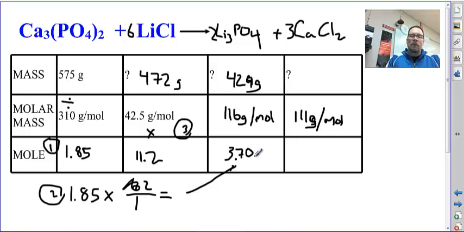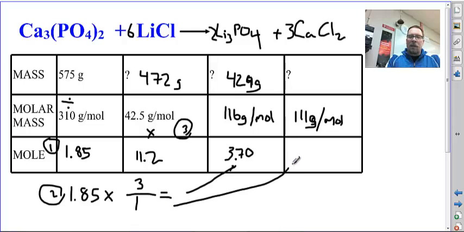Then the final one, the calcium chloride, I can do that also. Again, balanced equation, I've already done step 1, I have 1.85 moles. Now the ratio is going to change, because now it's a 3-to-1 ratio according to the balanced chemical equation.